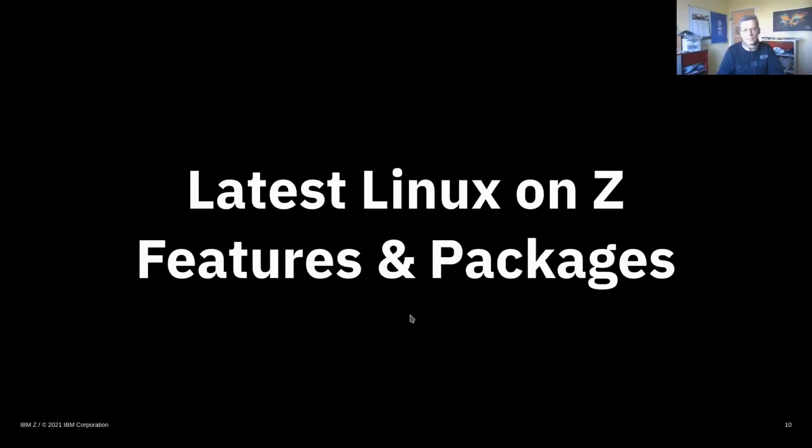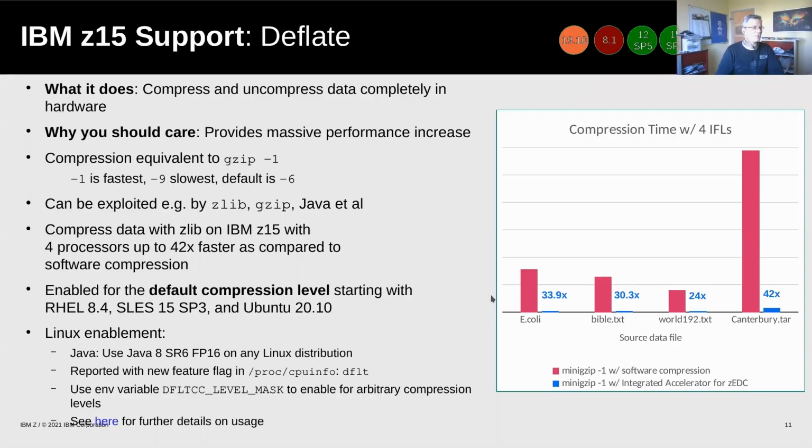Now let's take a look at the actual features which we're providing. So we're going to discuss features which are either already available in distros, but not for a long time yet, or features which are just coming up and might in some cases only have made their debut upstream so far. So let's start right away. First one would be deflate support.